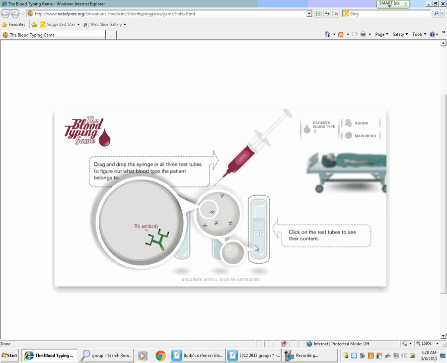What's in that test tube? Read that. RH. RH what? Antibodies. So this is not a blood type. It says on your paper, therefore this test tube contains no RH protein or no RH protein? No RH protein.